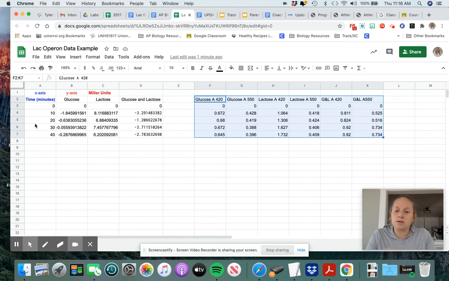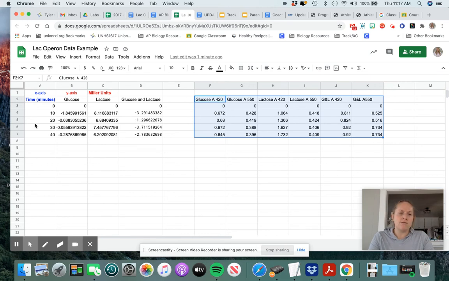So ideally, what you're going to see in your graph is a high level of activity in the lactose group, and a low level of activity in the other two tubes, the glucose and the glucose-lactose, because glucose is favored over lactose, and the operon will not make beta-galactosidase if there is glucose available.